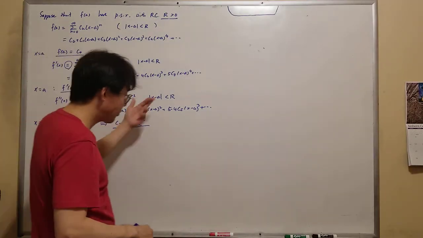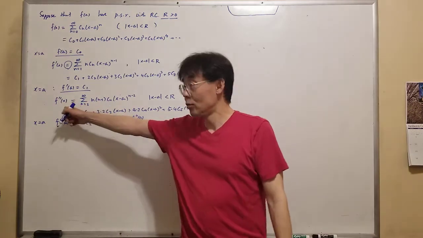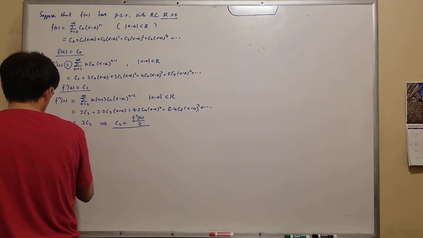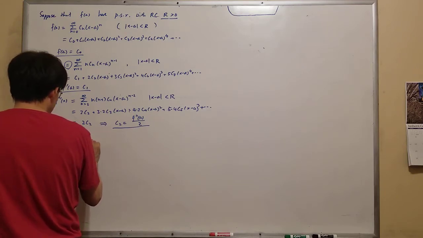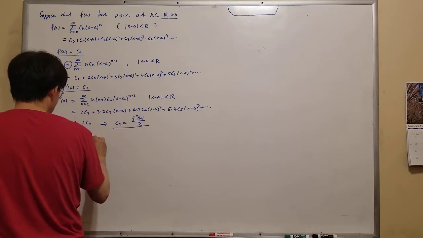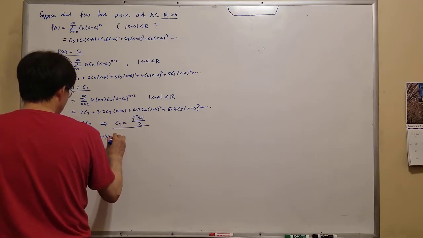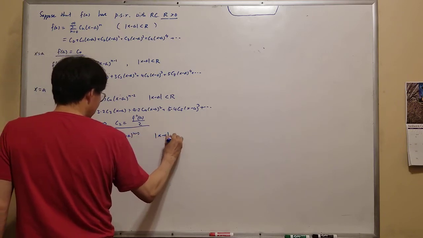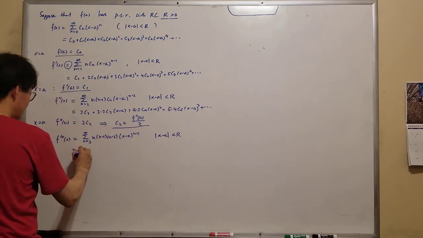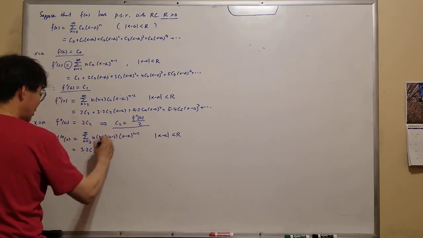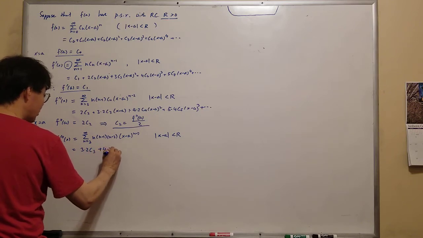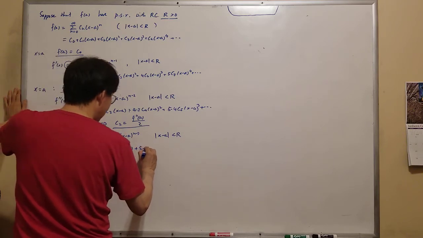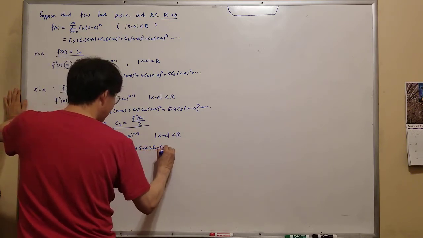Now we apply the same theorem to this function. Its own derivative, the third order derivative, has a power series representation, and that can be obtained by taking term by term differentiation. That would be 3 times 2 c3, 4 times 3 times 2 c4(x minus a), 5 times 4 times 3 c5(x minus a) squared.